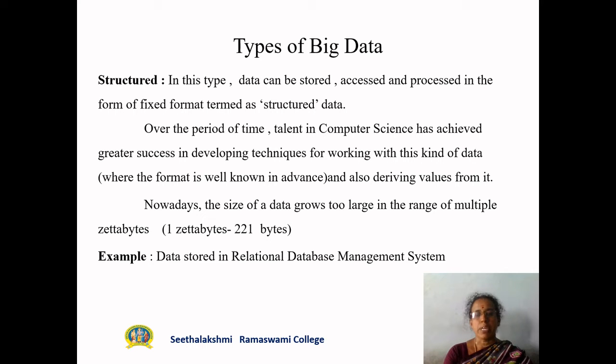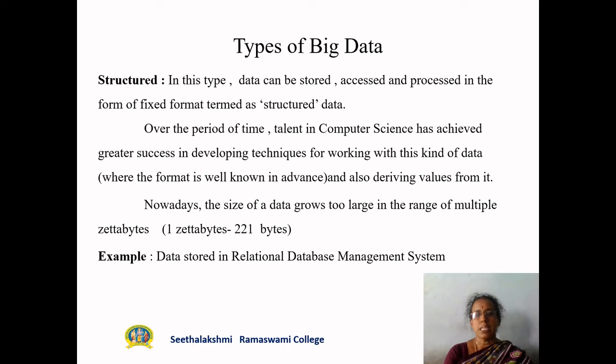Over the period of time, talent in computer science has achieved greater success in developing techniques for working with this kind of data, where the format is well known in advance, and also deriving values from it.